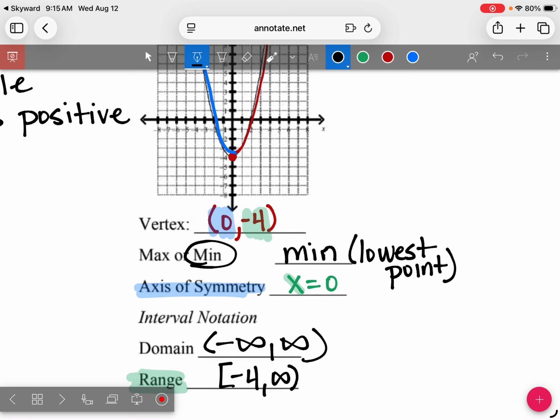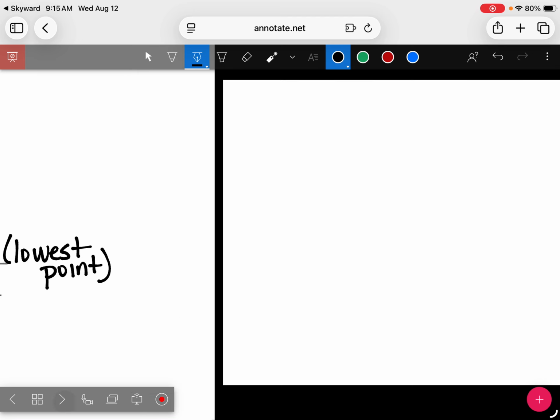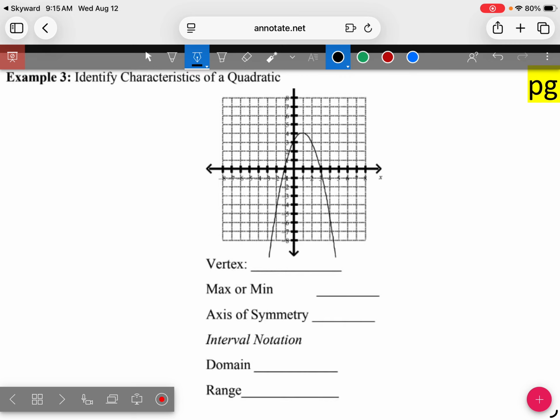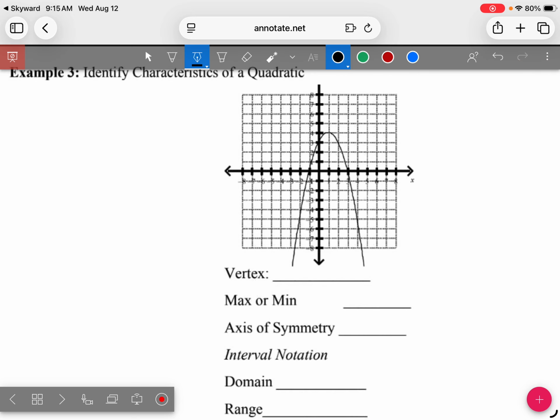All right, any questions? All right, let's look at the second graph. So this graph is a frown.